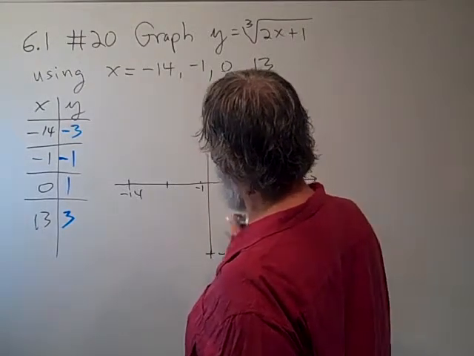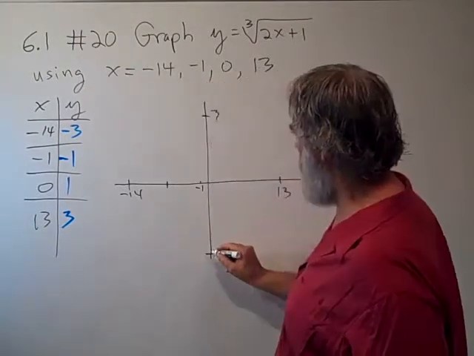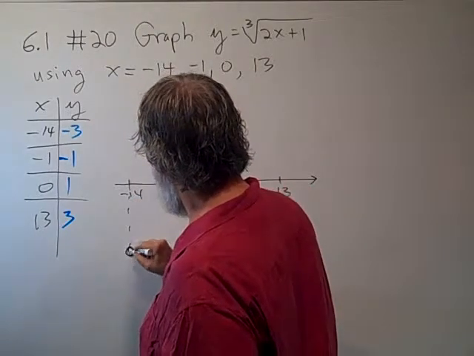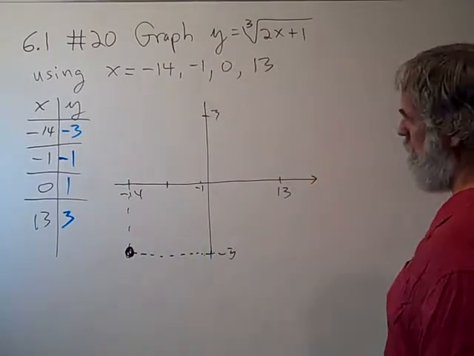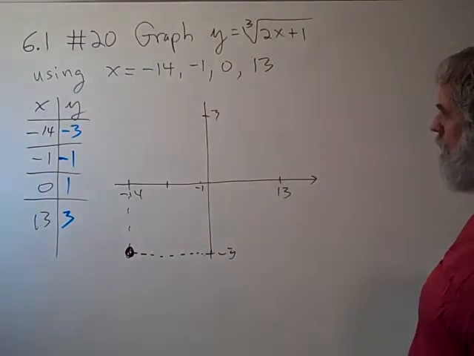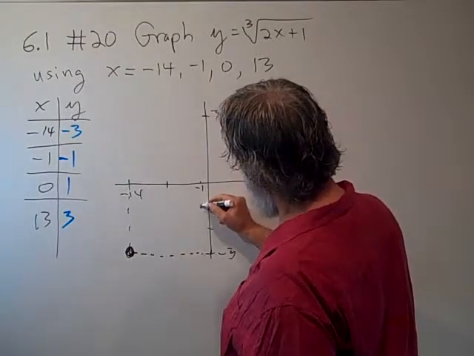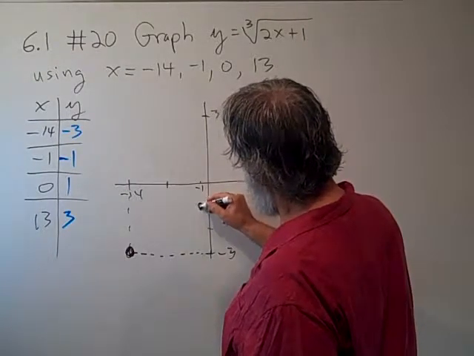Here's 3 and here's negative 3. So at negative 14 we go down to negative 3, so the graph goes through this point. At negative 1 it goes down to negative 1, so it goes down to this value.